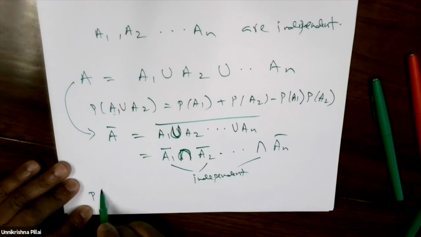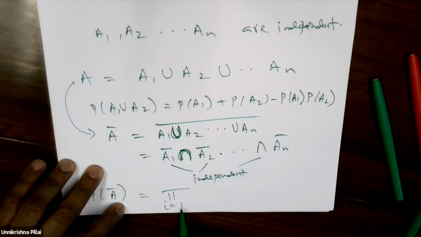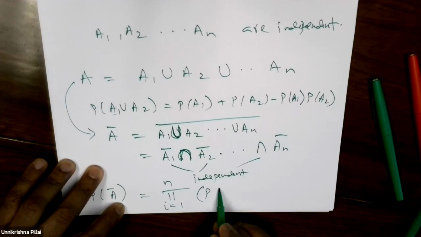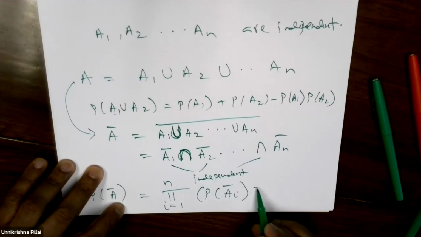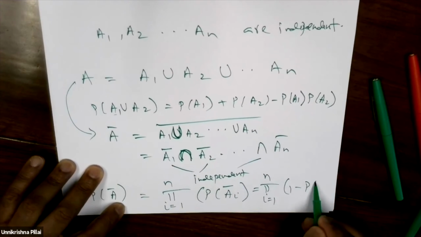So that way we get the probability of A bar is the product of the probabilities, i equal to 1 through n, of probability of AI bar. But that's the same as 1 minus PAI.